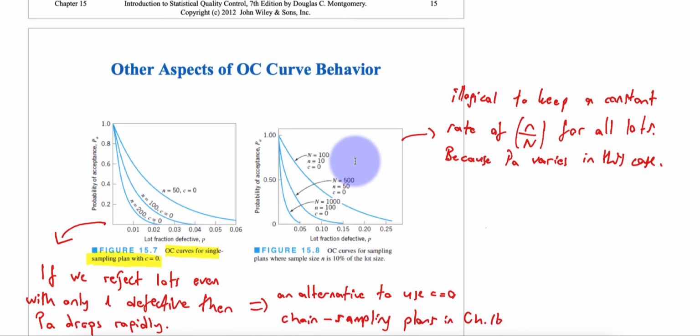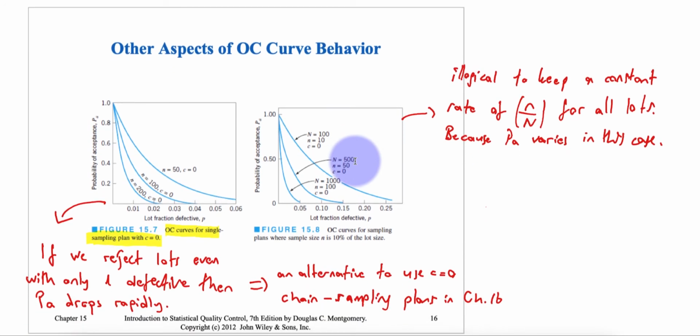And also let's talk about the other aspects of the OC curve behavior. We have seen here two plots, and in these two plots, maybe you notice that we are just considering the C level as 0. It means that when we encounter just one defective unit in a sample, we will reject the lot. All right, this is the case. So we do not tolerate any defective units.